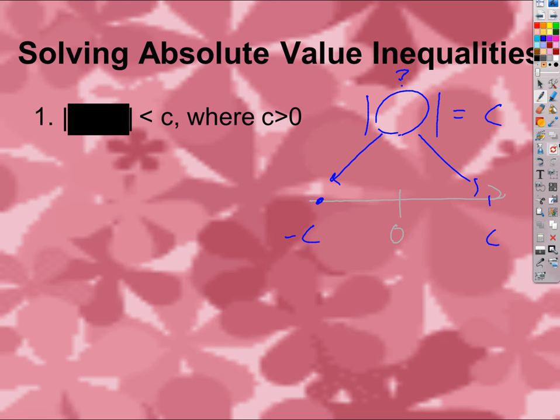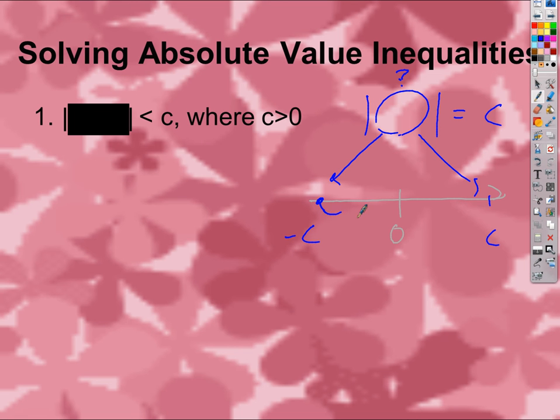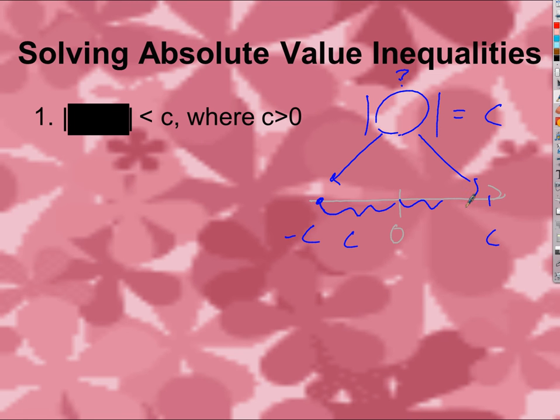This distance right here was exactly c. What does it mean if the distance from 0 is now less than c? What's that going to look like on our graph? You fill in the blanks.